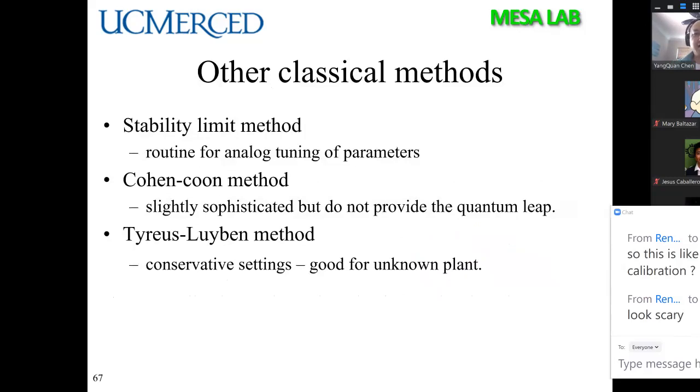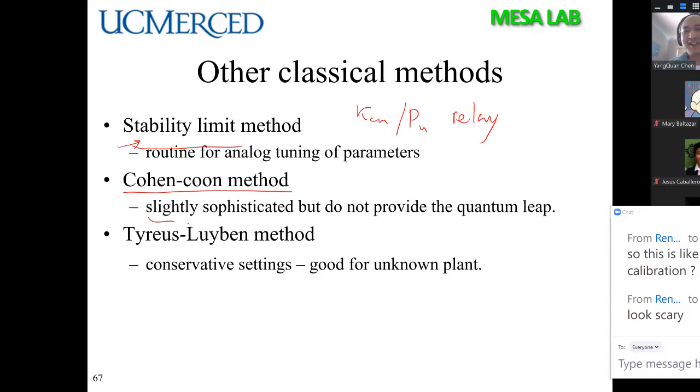Okay. So for other classical methods, we talked about the stability limit method. We talked about KCU, PU, and we did a relay, right? So we prefer this. We don't use the traditional stability limit method, okay? That potentially will damage my system, right? So we are going to do a Cohen-Coon method, okay?